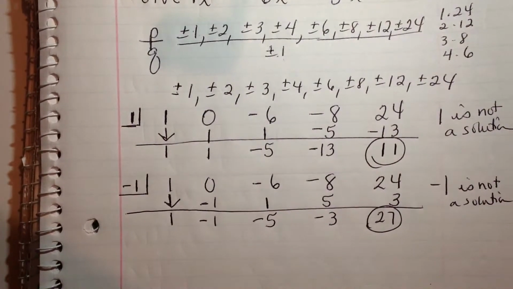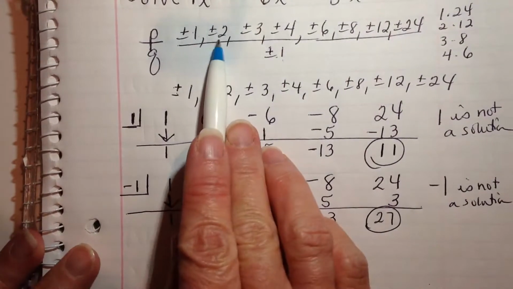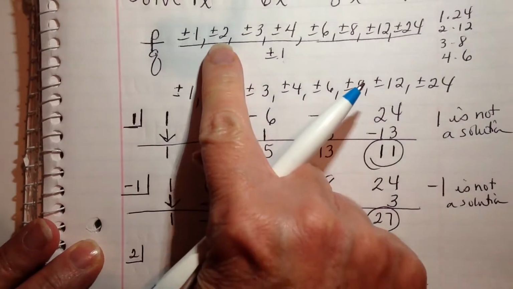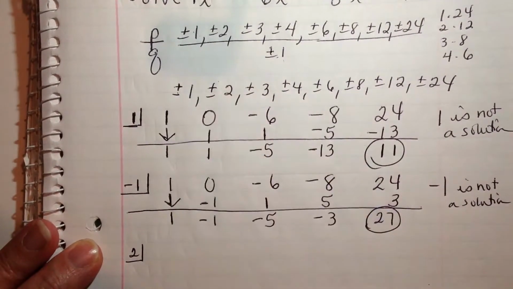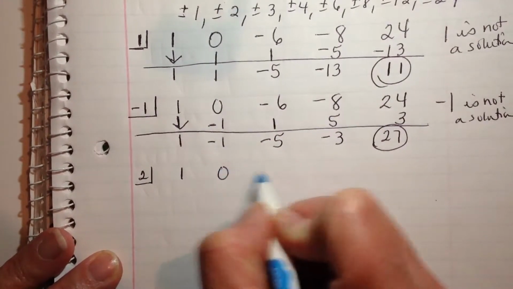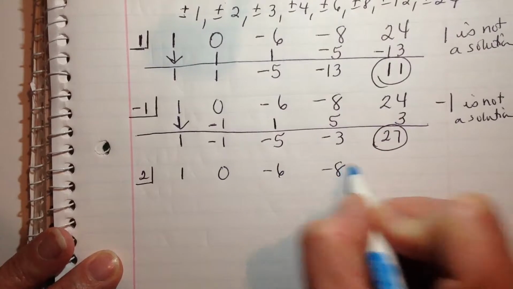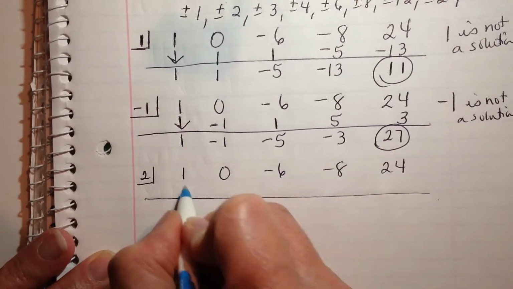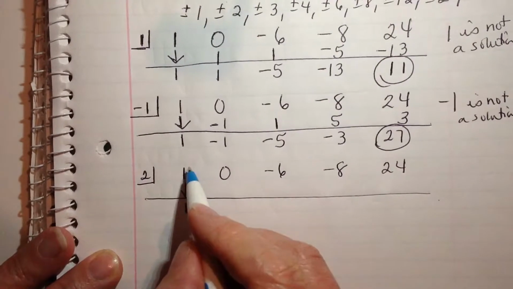Okay? So next, let's continue testing other numbers. Let's try positive 2, going to the next number on our list of possible solutions. Using these same numbers again, 1, 0, negative 6, negative 8, and 24. Pulling down 1.